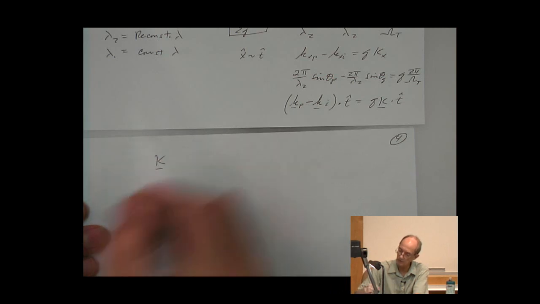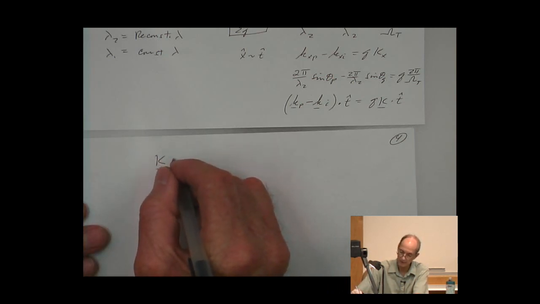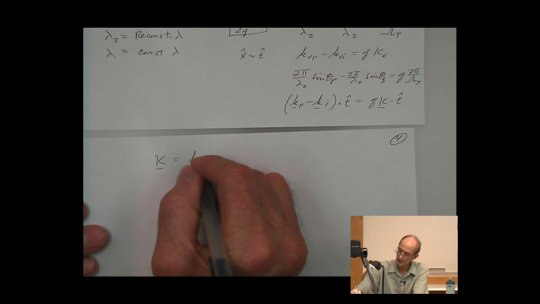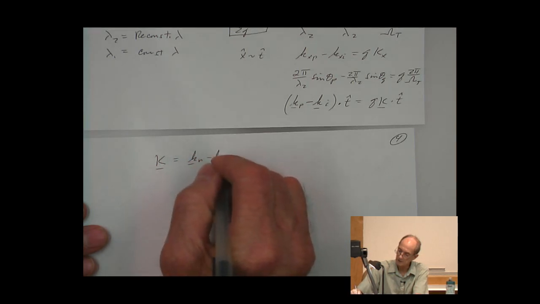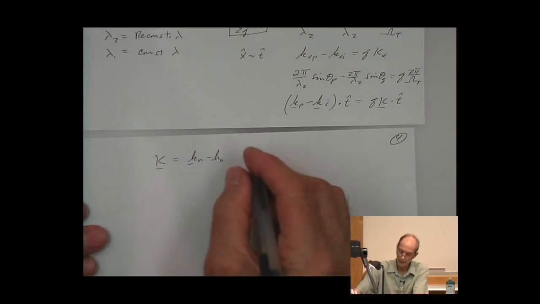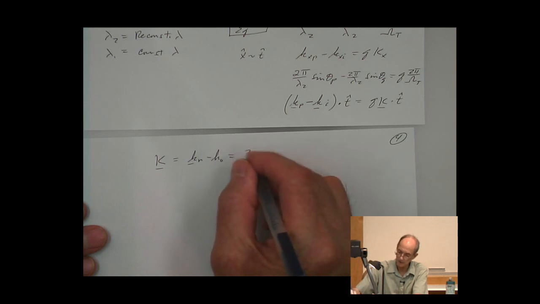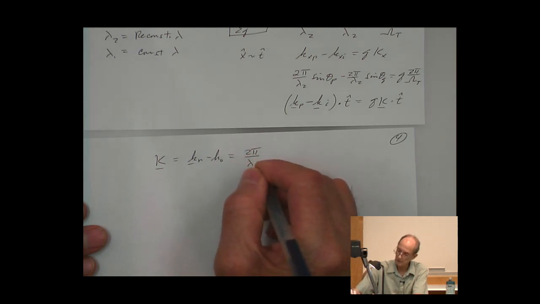All right, now remember we had discussed the k-vector closure condition. Here, for our full vector, we have that k is equal to kr minus ko, and that's equal to 2 pi over lambda 1.